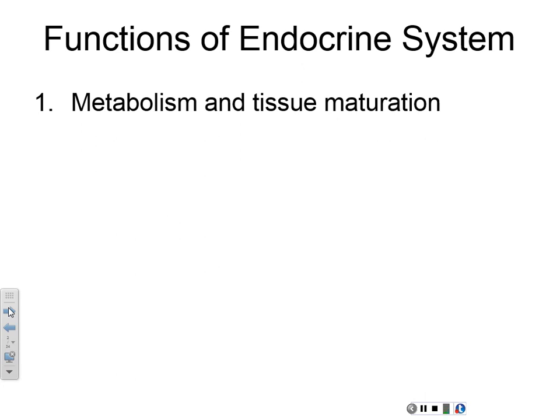One of the things about the endocrine system is to control metabolism and tissue maturation. Hormones like adrenal cortical hormones on the adrenal gland, cortisol and corticotropic hormones, control metabolism.